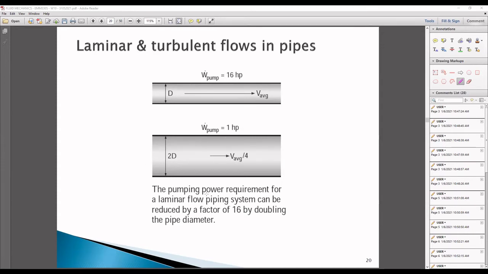This is the pumping power requirement for a laminar flow piping system, which can be reduced by a factor of 16 by doubling the pipe diameter.